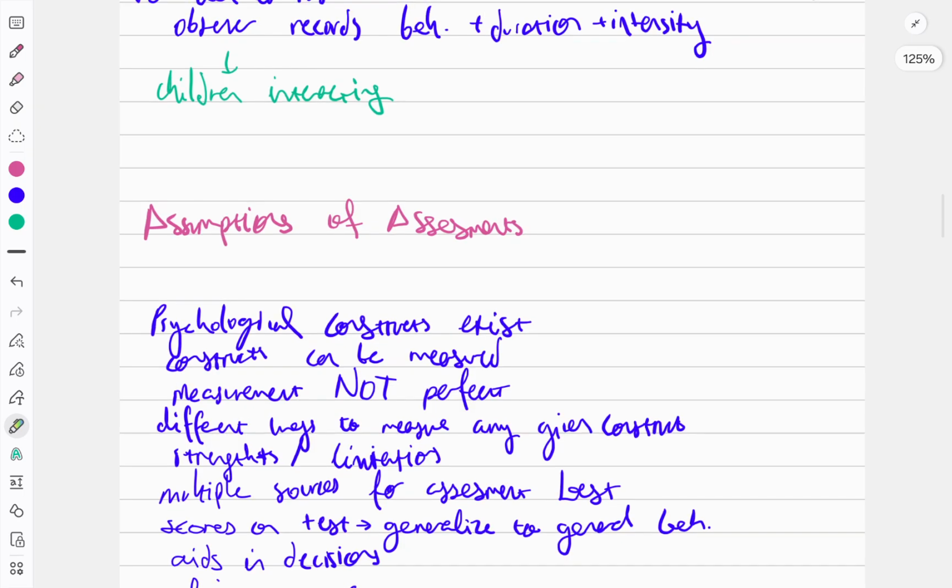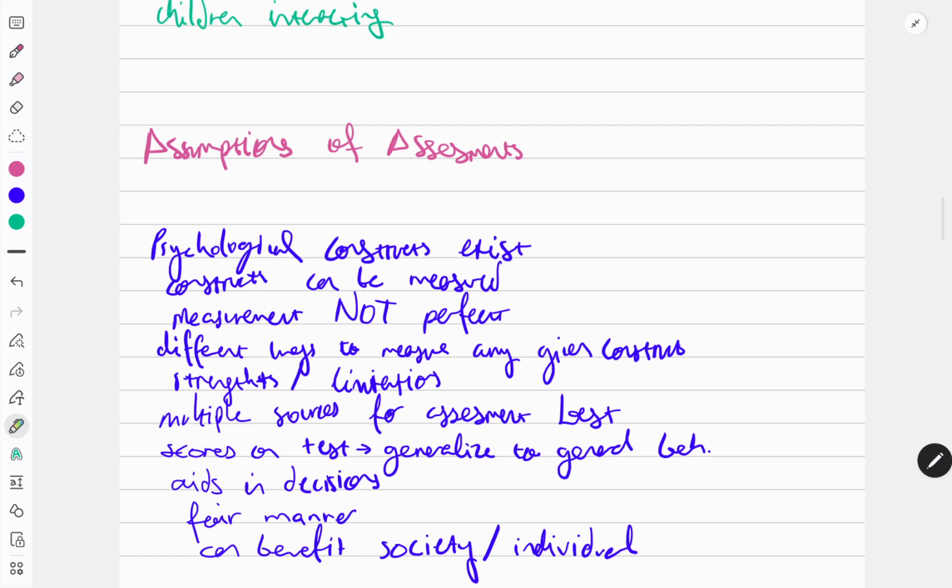It doesn't make sense, so we need to assume that. And constructs can be measured. If they cannot be measured, then there is no point of doing psychological tests. And the measurement is not going to be perfect, obviously.